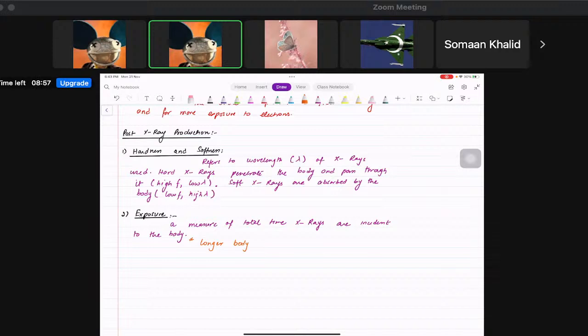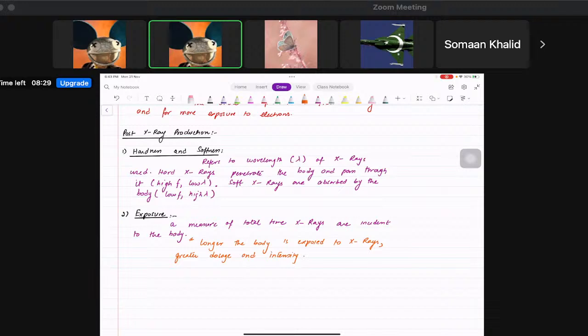The longer the body is exposed to X-rays, the greater the dosage and intensity. And we need to remember that.